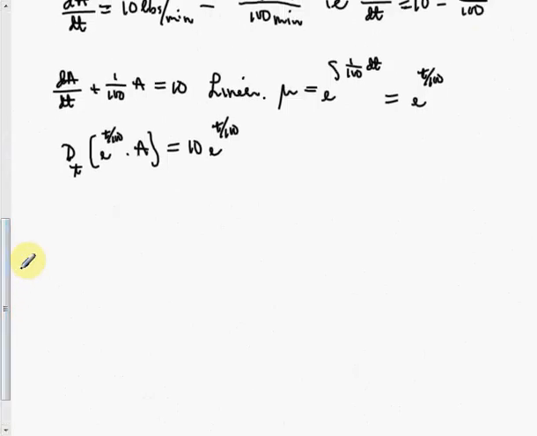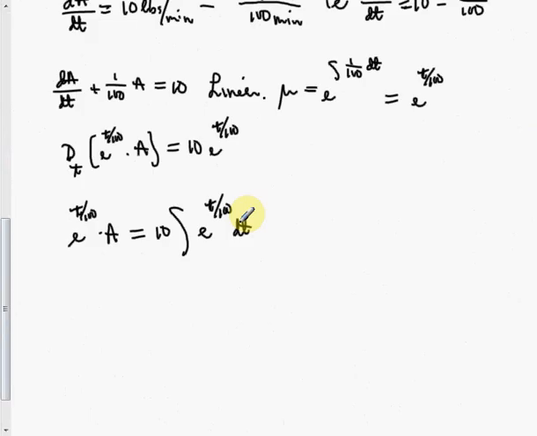Integrating both sides, integrate that derivative we have left, just e to the t over 100 times A, that's equal to 10 times the integral of e to the t over 100 dt. What's the integral of e to the t over 100? What's the integral?